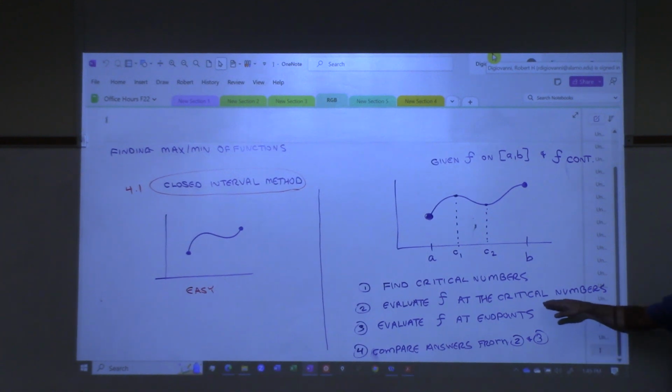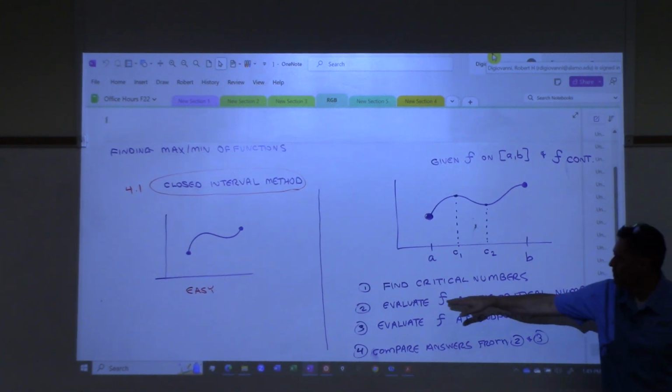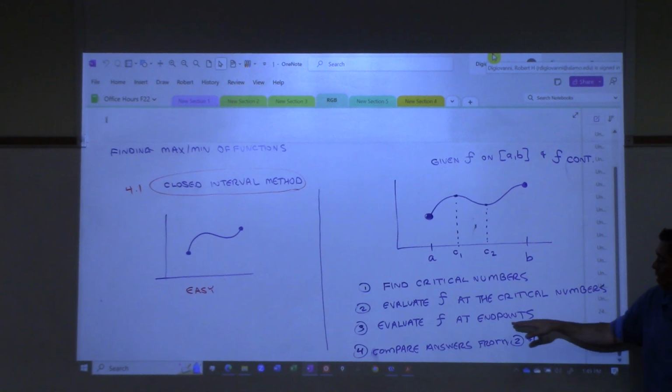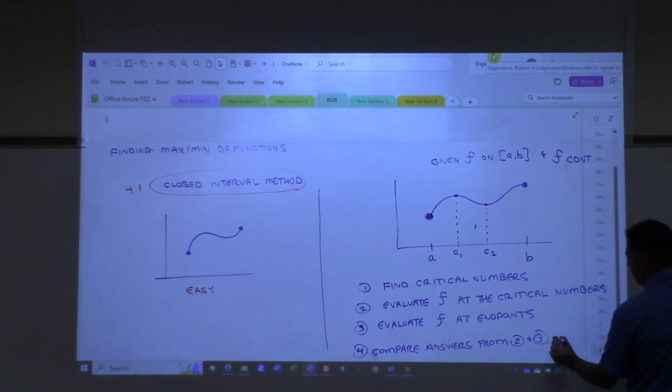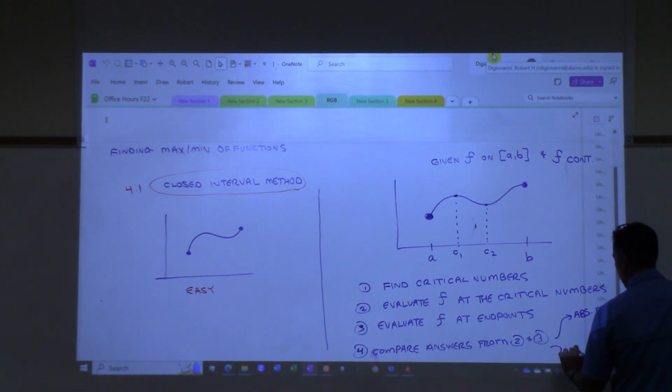Right, so I will have plugged the critical numbers into the original function, and I would have plugged the endpoints into the original function. I'm going to have a bunch of answers. I'm going to look at those answers. The biggest number I see is the absolute max, and the smallest number I see is the absolute min. So the absolute max and the absolute min will come out of this, right?